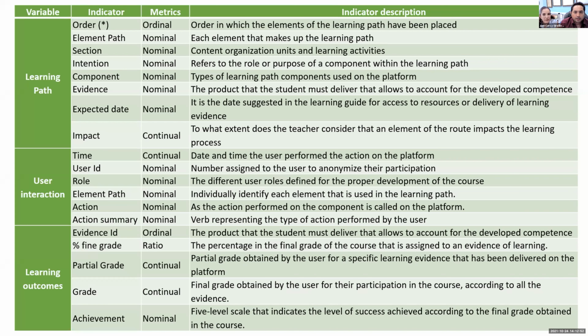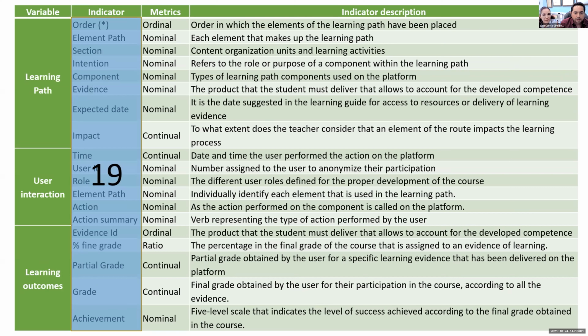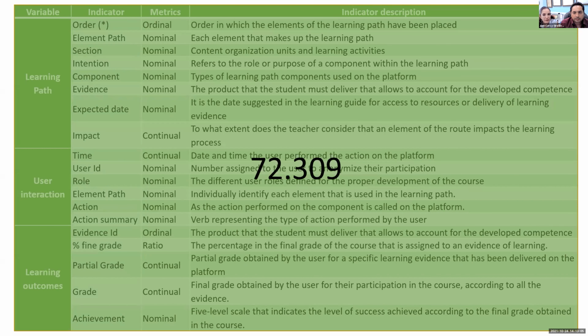This is how the data dictionary was built, with 3 variables and 19 indicators. 72,000 records were consolidated at the end of this phase.